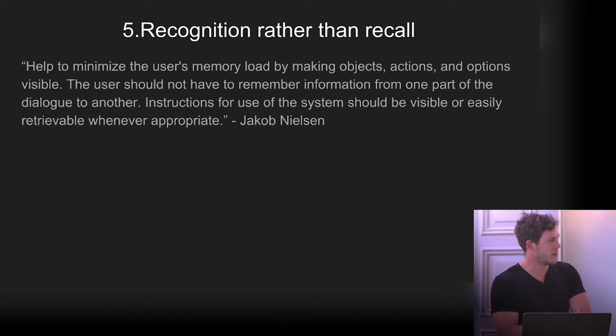So this one is a kind of tricky one, recognition rather than recall. I added this huge quote because I tried to understand what this point meant, but it's kind of hard. So, help to minimize the user's memory load by making objects, actions, and options visible. The user should not have to remember information from one part of the dialogue to another. Instructions for use of the system should be visible or easily retrievable when appropriate.